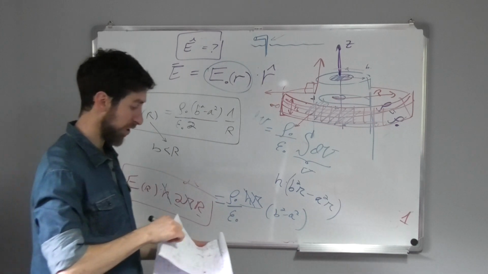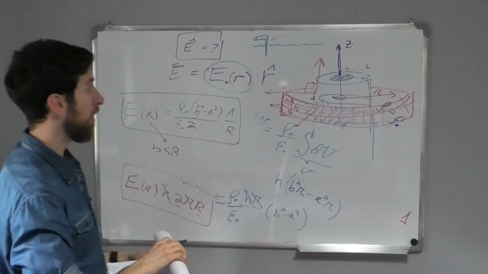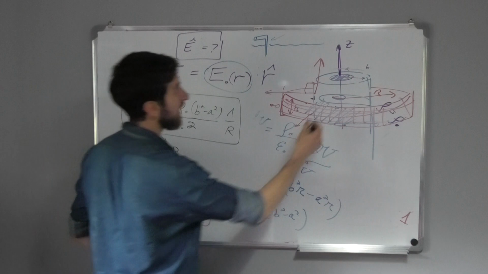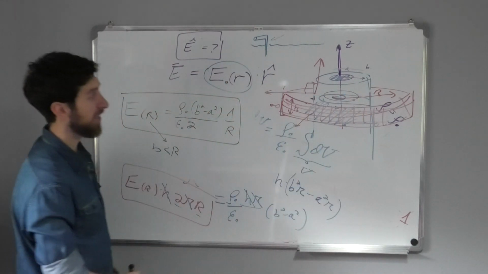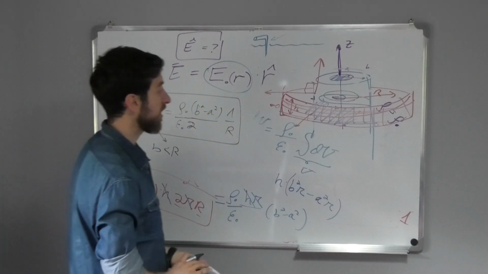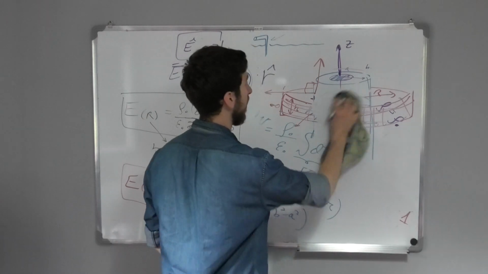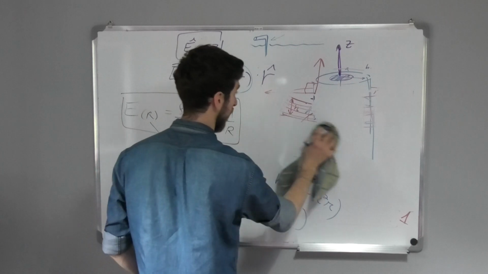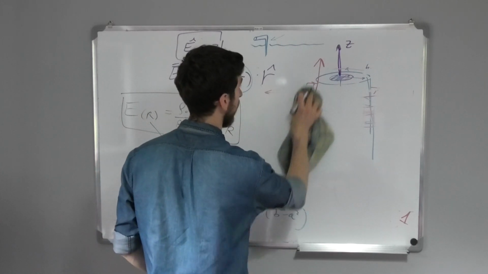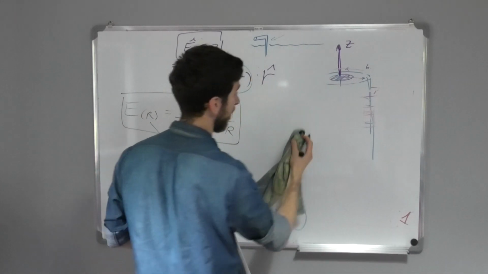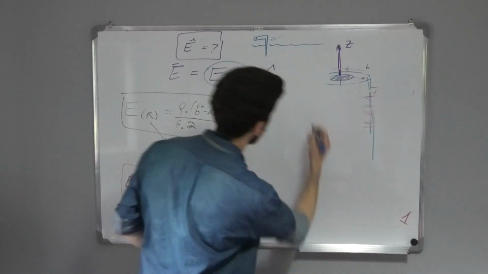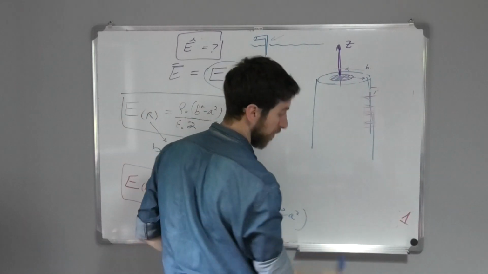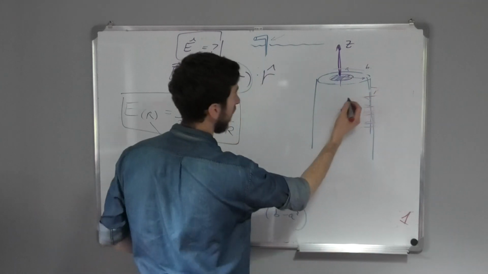So the next question is, what is the electric field inside the cylinder? So let's clean this up a little bit. I need to choose another area. Here it is. This is the cylinder, right?